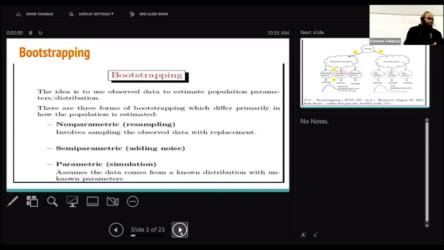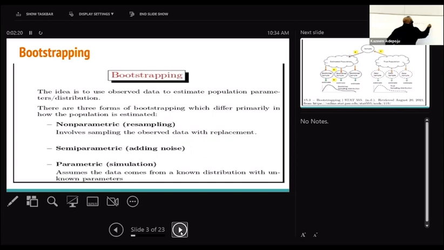So which means we actually need a parameter. And what do we mean by parameter? The parameter is a population characteristic value that we seek to determine. Okay, parameter.